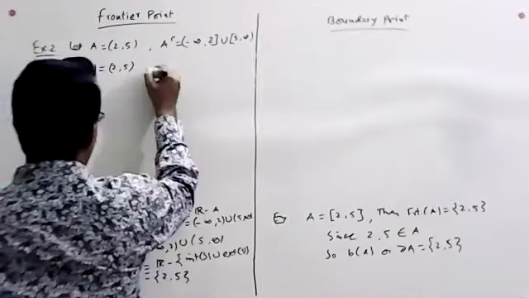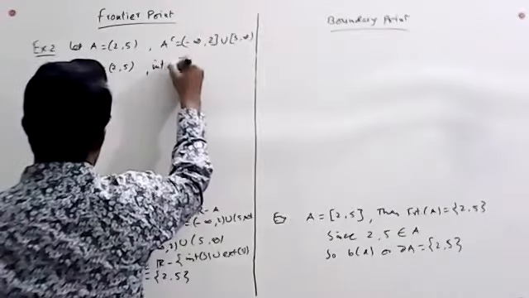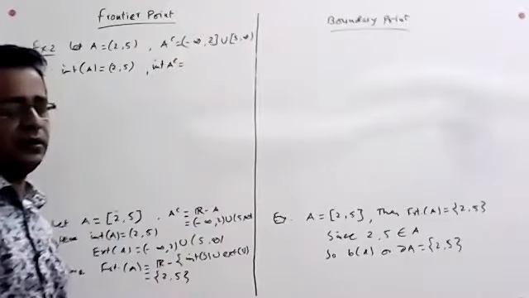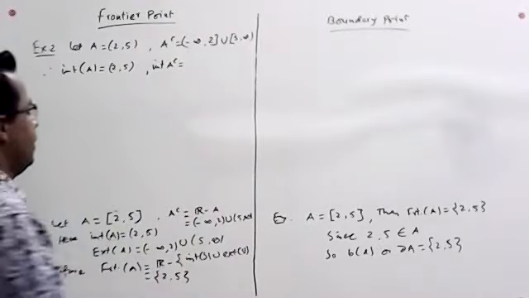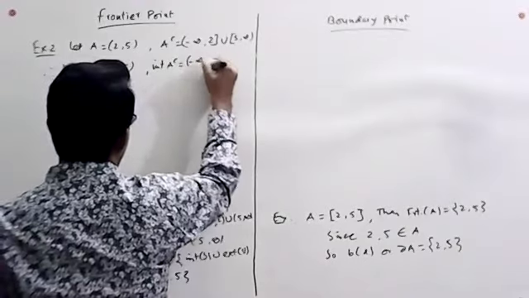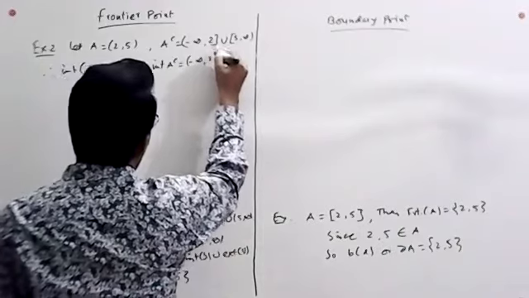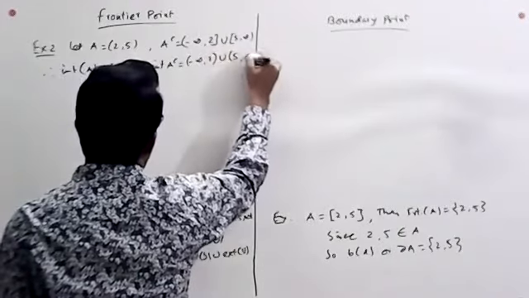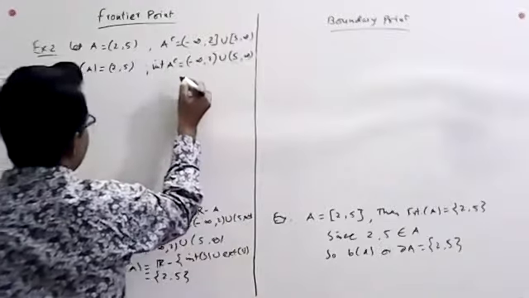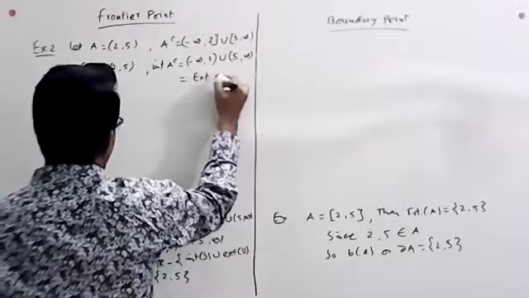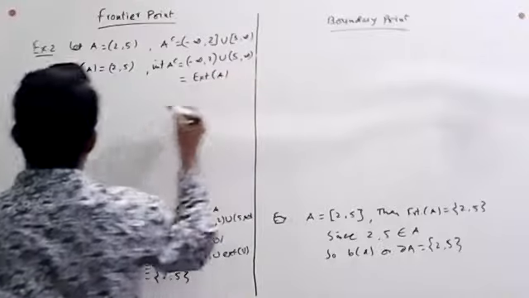And for the interior of A complement, we know that the interior of any set will be open, so 2 will be erased from here. Also 5 will be erased from here. So this is the exterior of A.